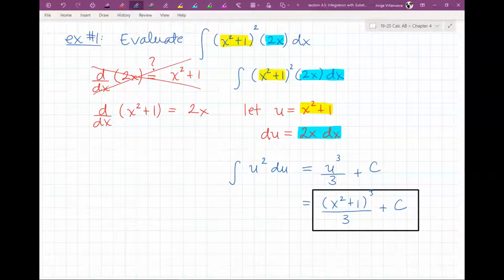So notice the idea is to basically substitute for everything. You don't have to substitute for the powers. Sometimes the powers are necessary to substitute out, sometimes they're not necessary. Notice I didn't substitute out this power of 2 right here. I didn't worry about it, I left it, because I know I can integrate normal powers.